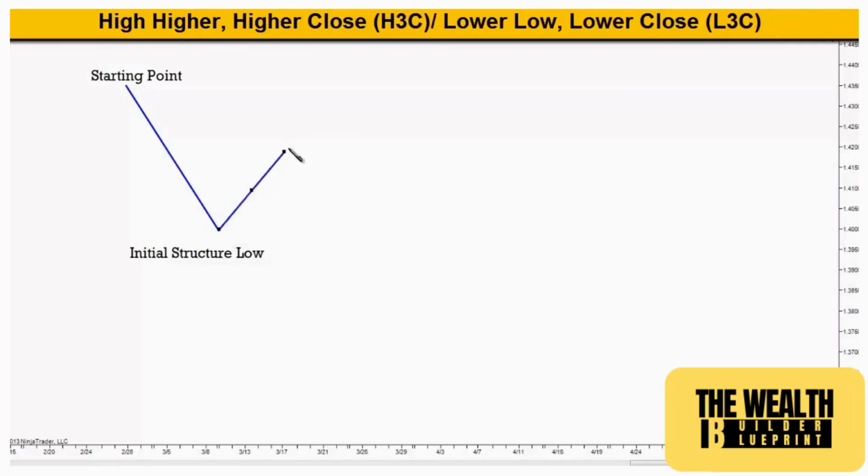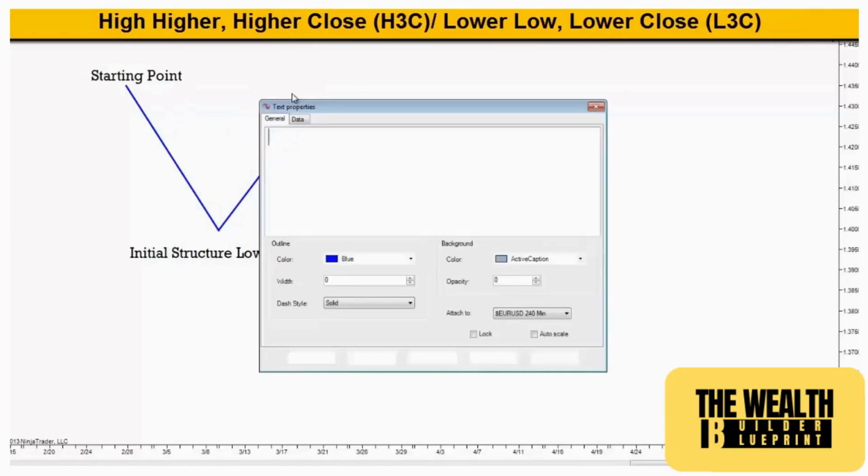We then get our outside return. Now remember, this time our outside return is going to retrace upwards, and as long as we don't push past the starting point, so we don't get a higher high, higher close past this starting point, then this is a valid outside return.